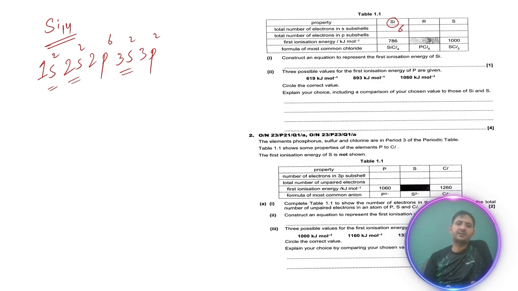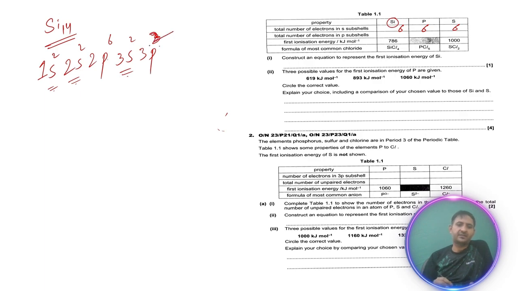Now in p subshells, phosphorus has atomic number 15, so 3s2 3p3.